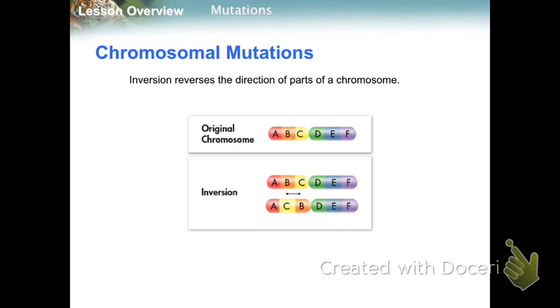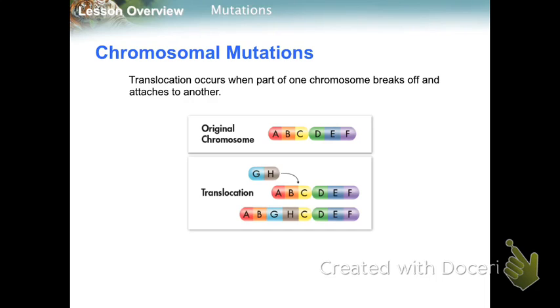So with an inversion, what you see here is that sections B and C have been flipped around. And then translocation occurs when part of one chromosome breaks off and attaches to another. So GH is from another completely different chromosome. It inserts itself into the original chromosome.